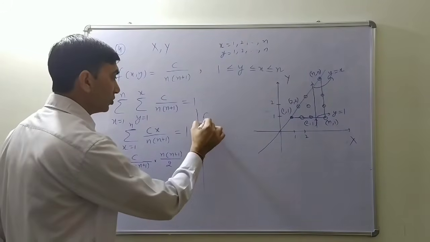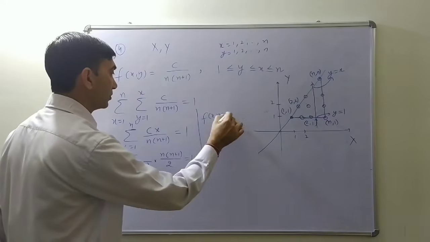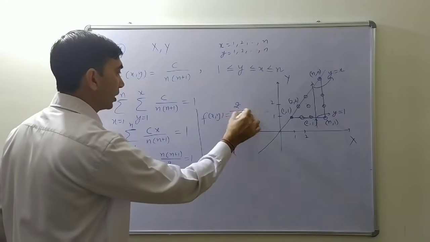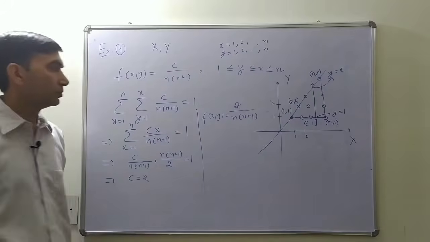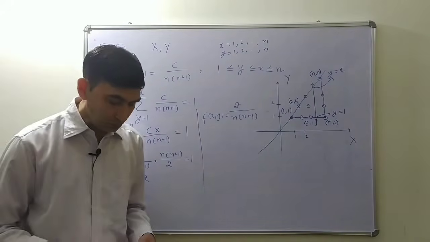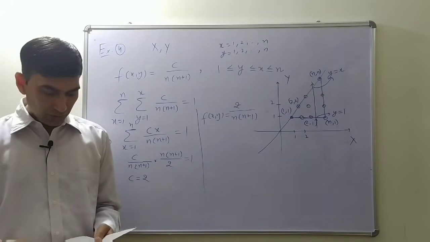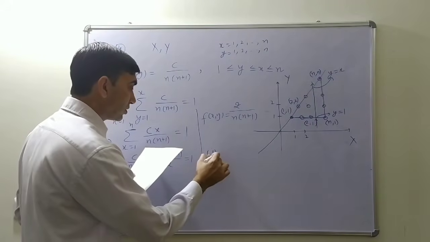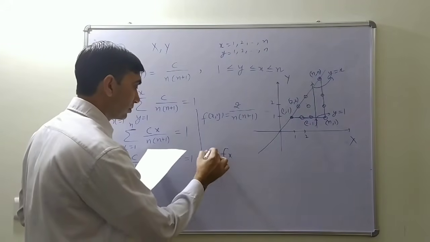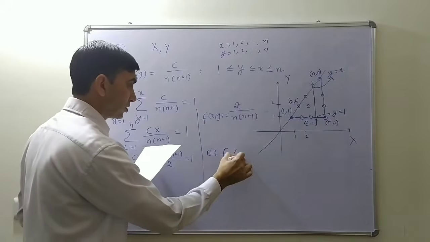So now you know your fxy. Fxy is 2 over n into n plus 1. Okay? Now, next part in this question is find the marginal density of x.